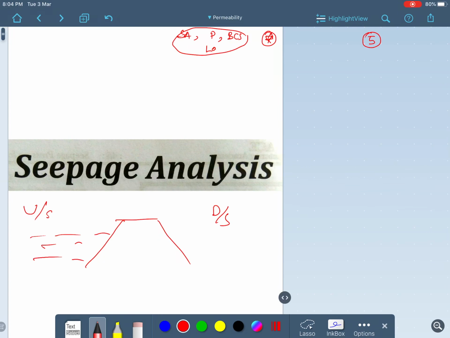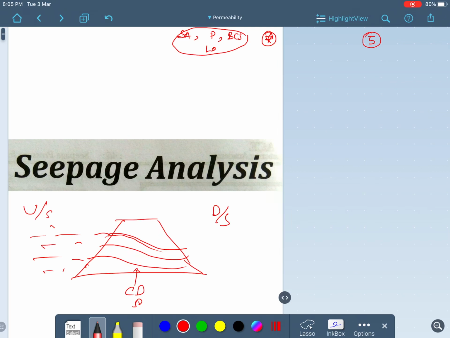The water present in the upstream side is going to percolate into the dam because of the permeable medium. Whether the dam is made of concrete or is an earthen dam made up of soil, all these are permeable in nature. That is the reason the water from the upstream side is going to seep into the dam structure. That is what seepage is.